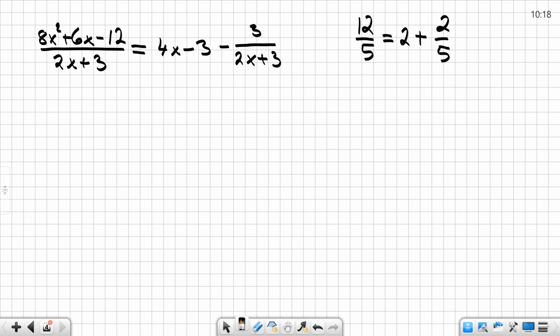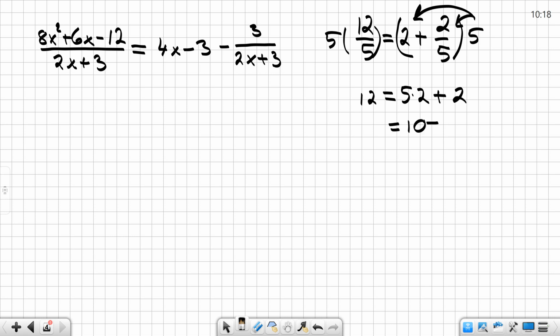I can check this by multiplying both sides by 5. If I would multiply this side by 5, and if I would multiply this side by 5, then I have that 12 has to be equal to 5 times 2 plus, well, over here the 5 cancels out, just 2. And that is, of course, 10 plus 2, which is 12.